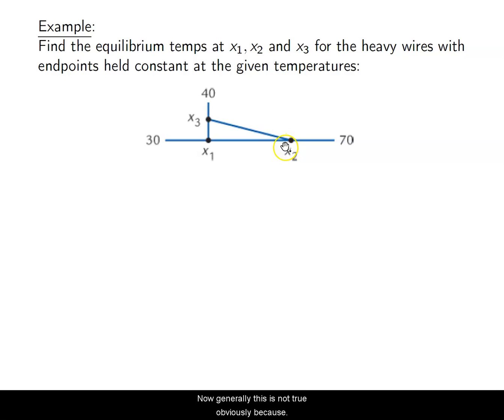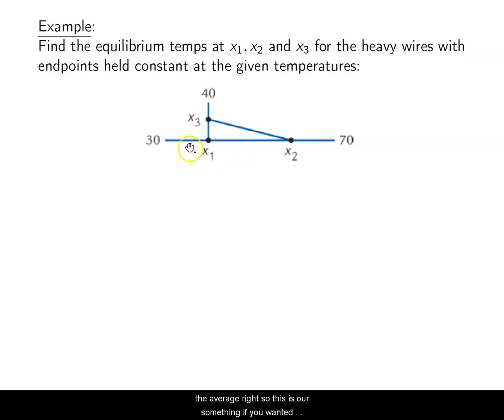Now generally this is not true, because from this picture it looks like the node x1 is closer to this endpoint than it is to its adjoining node, but for all intents and purposes we can assume that it's pretty much the average. So this is our assumption.